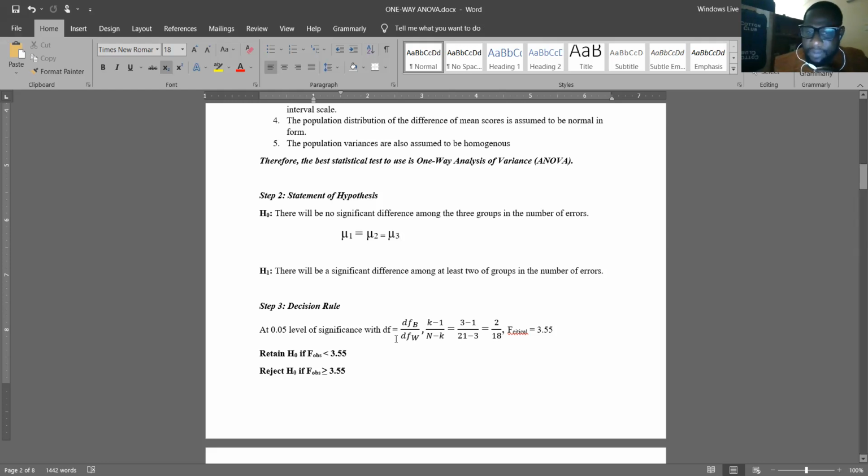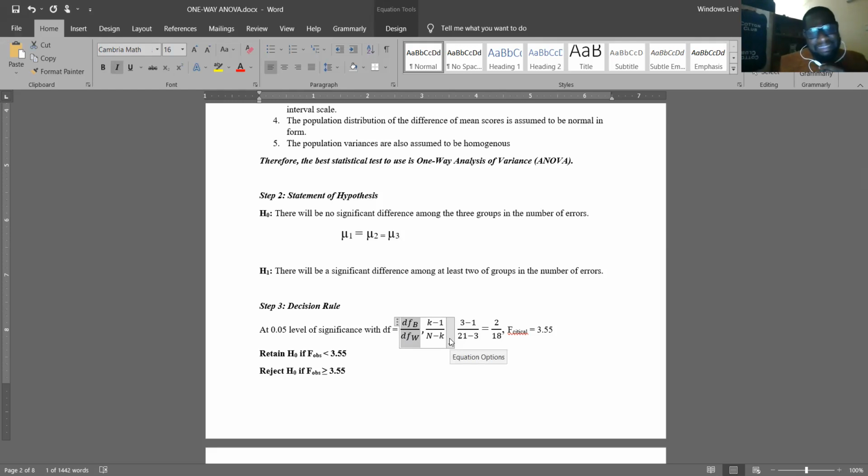This is the formula for degree of freedom for ANOVA: degree of freedom for B, where B represents between, over degree of freedom for within. These formulas will be provided. So when you see DFB, its formula is K minus 1. Then DFW, its formula is N minus K.